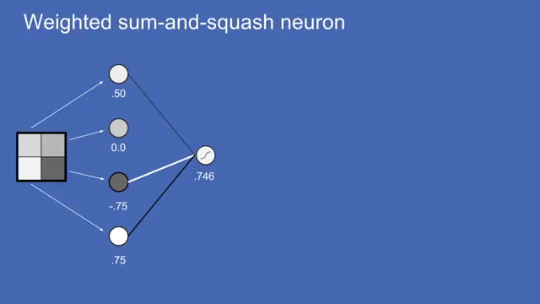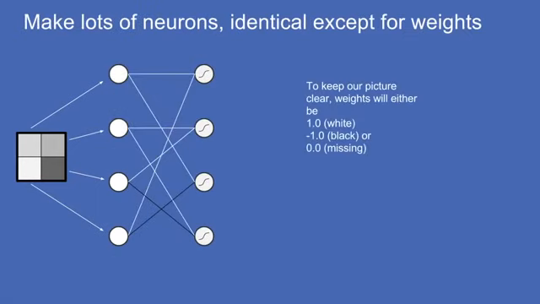So we can collapse all that down, and this is a neuron that does a weighted sum and squash the result. And now instead of just one of those, assume you have a whole bunch. There are 4 shown here, but there could be 400 or 4 million.